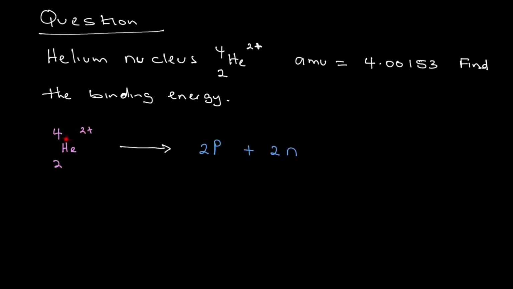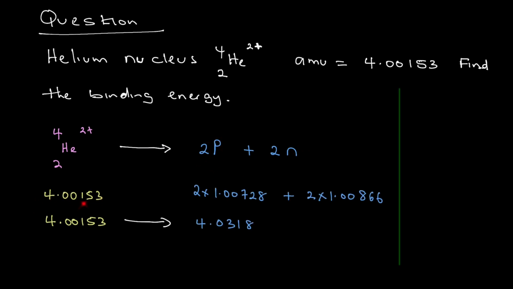So here's helium, and inside the nucleus you have 2 protons and 2 neutrons. So the atomic mass for the helium is that value, and for protons it's this times 2. For neutrons, it's that one here times 2. You add them together, we get this value.